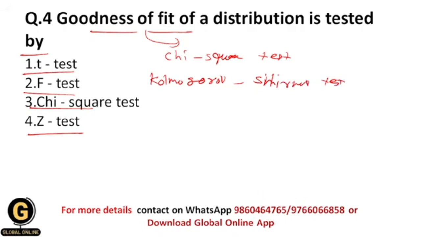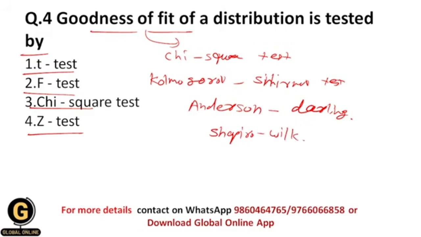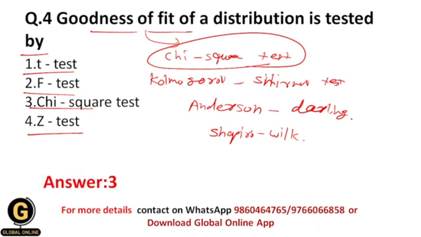Then next is the Anderson Darling test, and next is the Shapiro Wilk test. So students, you need not remember all these tests, but only remember the chi-square test here, because this is the most commonly used test to test for goodness of fit of a distribution, and that's why your correct answer should be the chi-square test.